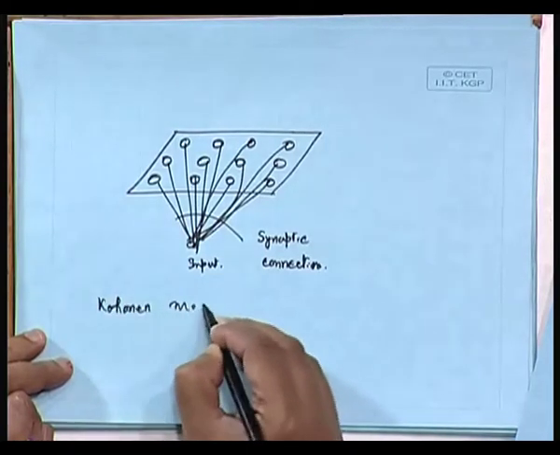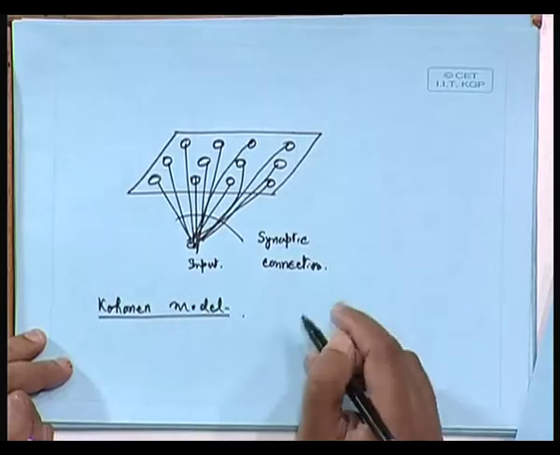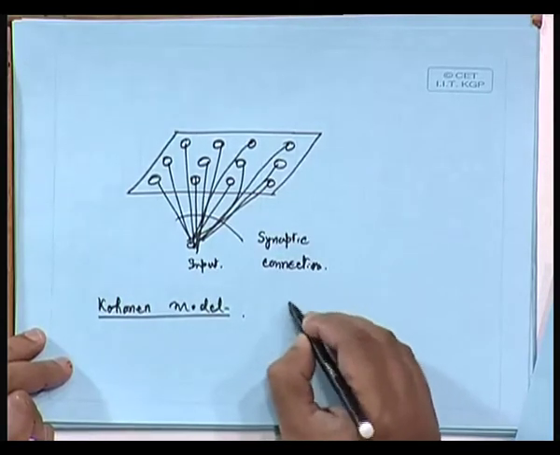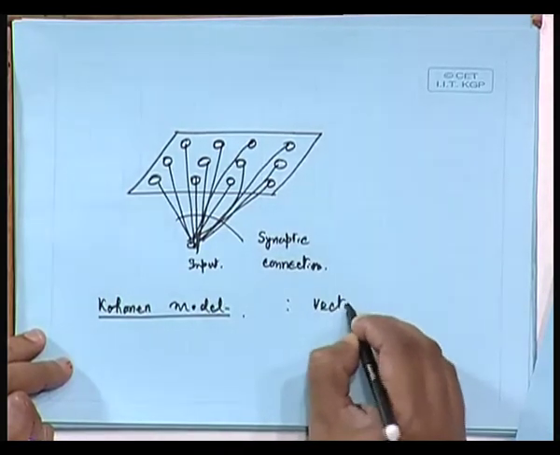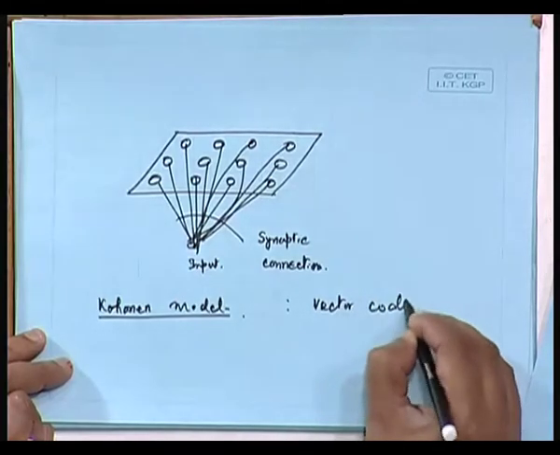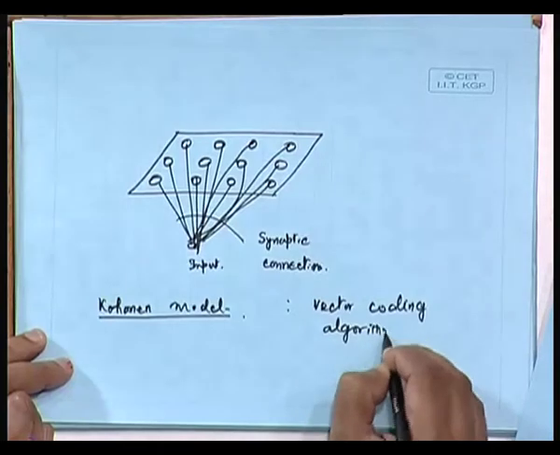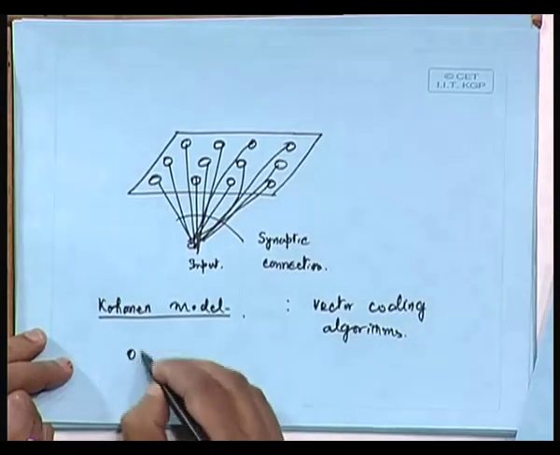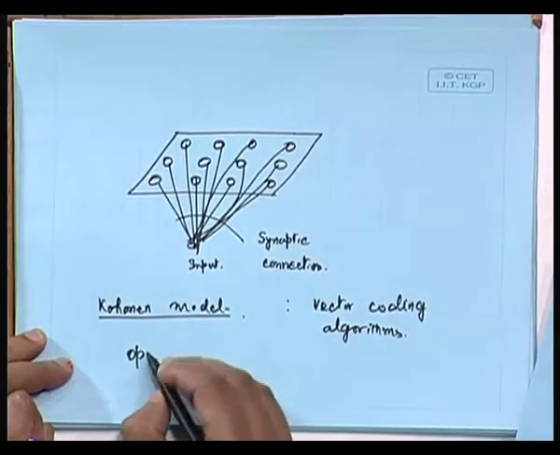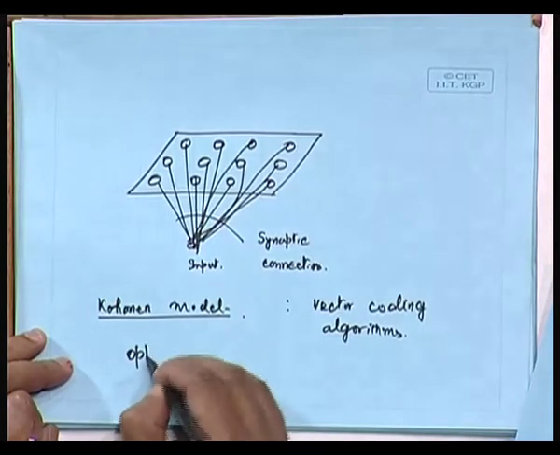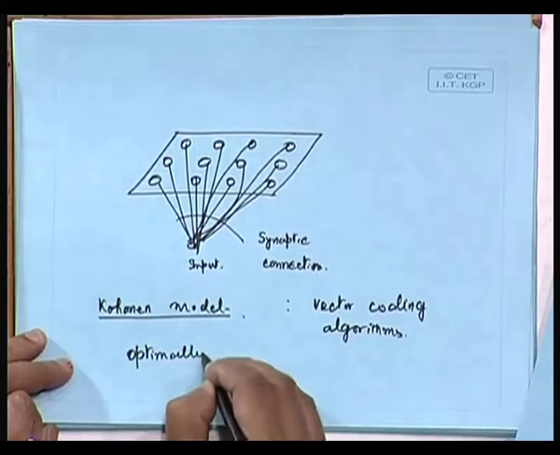So, this is based on the Kohonen model, where it belongs to the vector coding algorithm. This is used for vector coding algorithms, which optimally place a fixed number of vectors into a higher dimensional input space.